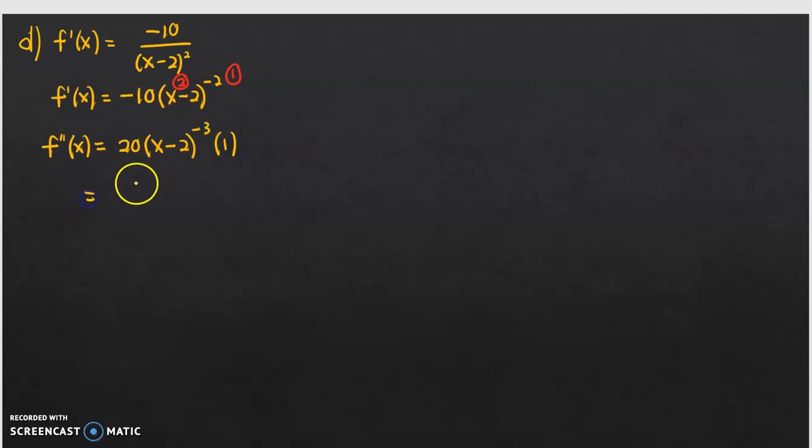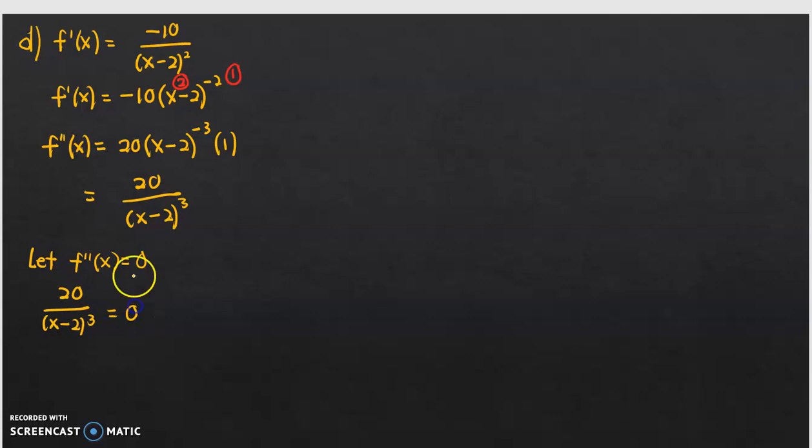So here is 20 over x minus 2 cubed. So this is the second derivative. Next, I will let our second derivative equal 0, meaning that 20 over x minus 2 cubed equals 0.